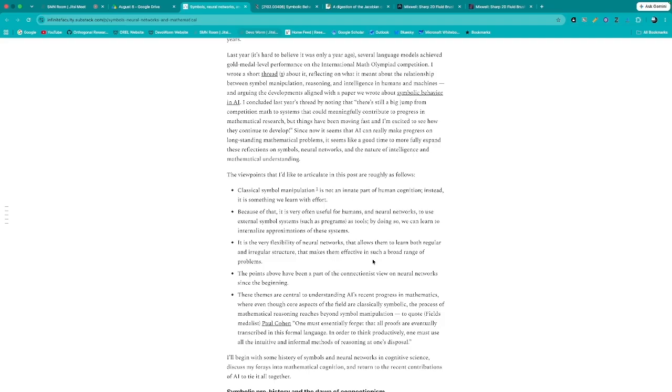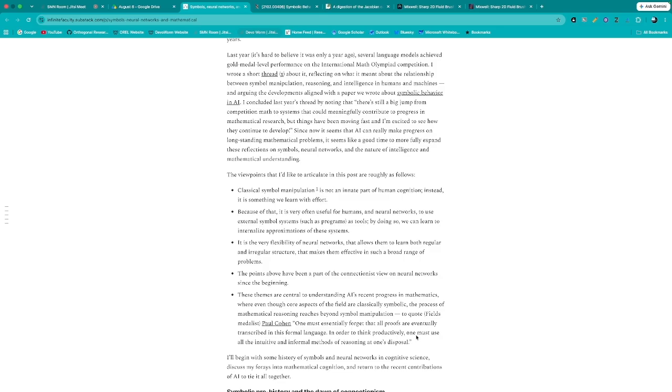And so these themes are central to understanding AI's recent progress in mathematics, where even though the core aspects of the field are classically symbolic, the process of mathematical reasoning reaches beyond symbol manipulation. To quote Paul Cohen, who's a Fields medalist, "One must essentially forget that all proofs are eventually transcribed in this formal language.